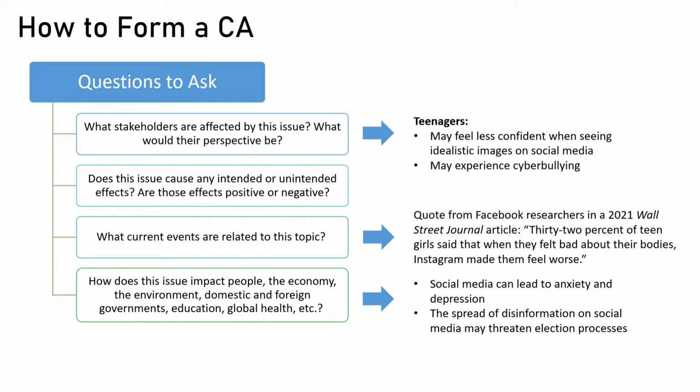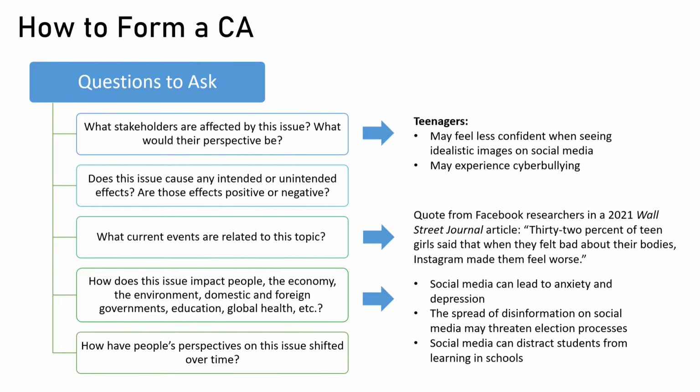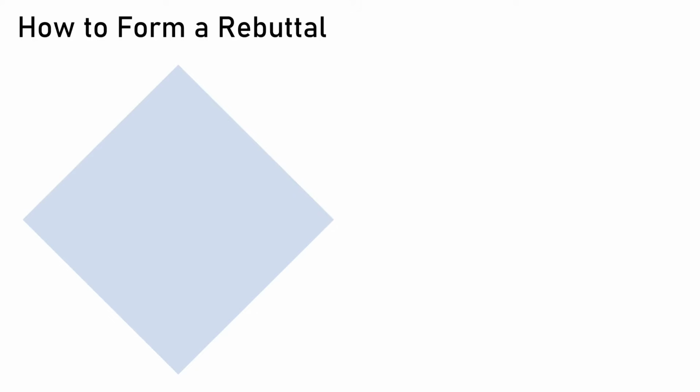The spread of disinformation on social media can threaten election processes and therefore governments. And social media can distract students from learning in schools. And the last question we can ask to form a counterargument is, how have people's perspectives on this issue shifted over time?